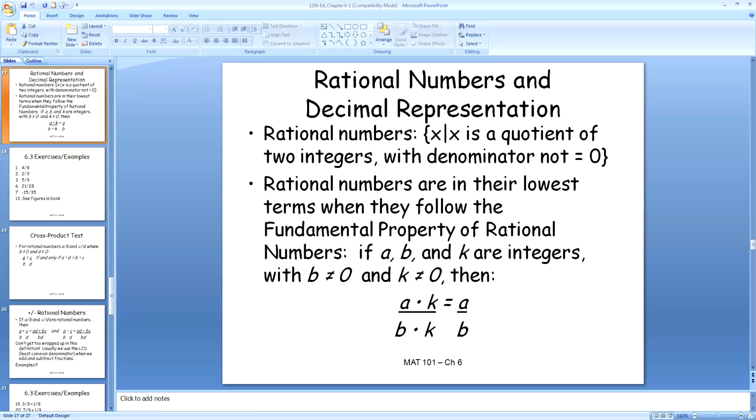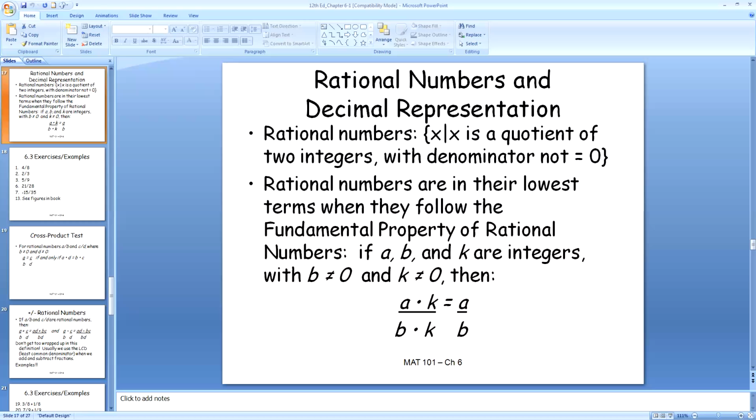If a, b, and k are integers with b not equal to 0 and k not equal to 0, then a times k divided by b times k equals a over b.